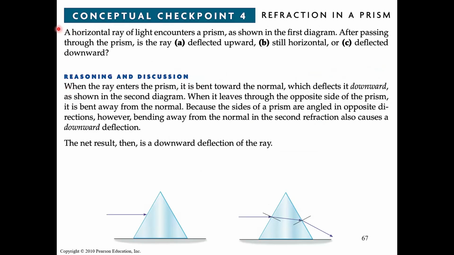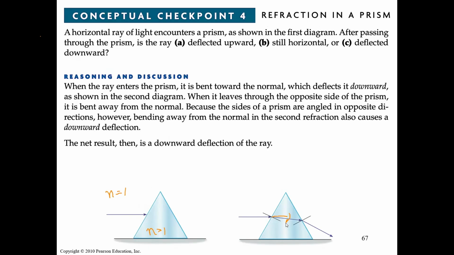So again, we understand that we have air outside the prism, so this is one, and the prism is made of a material that's probably with higher refractive index. So at the first interface, it should bend towards the surface normal.